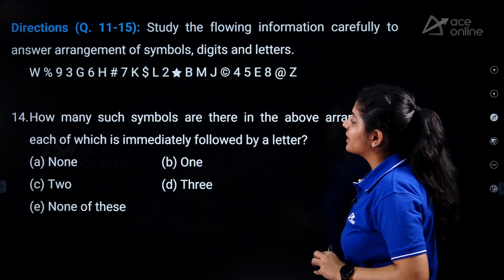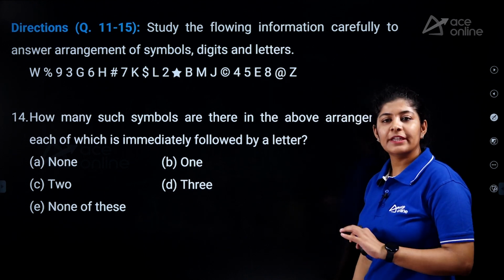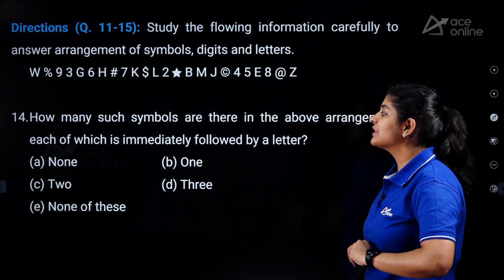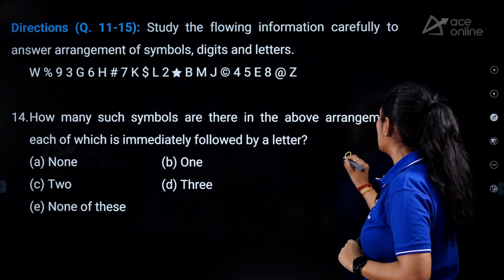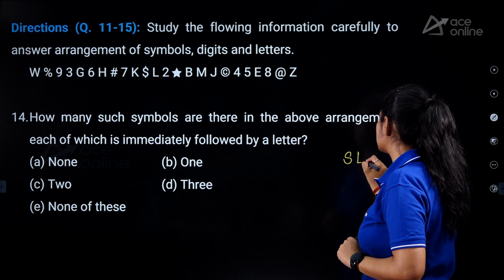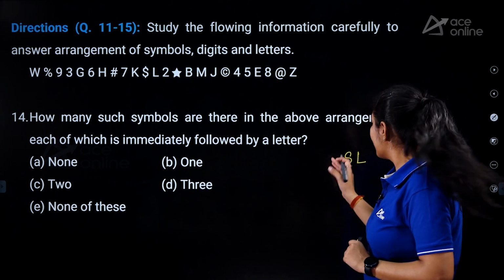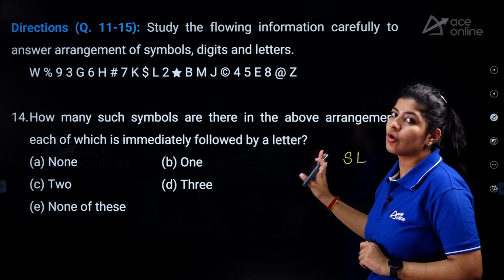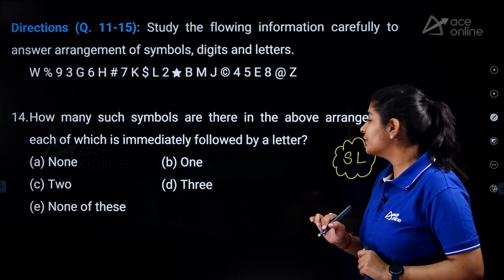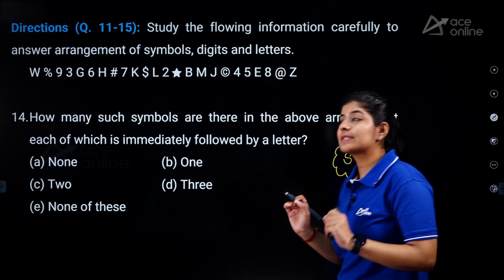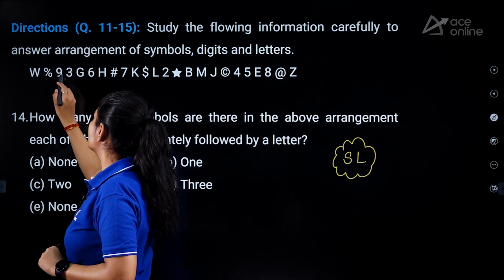How many such symbols are there in the above arrangement, each of which is immediately followed by a letter? Now we have to identify a symbol which is immediately followed by a letter, but the preceding character is not given, so we only have to focus on this category. So first, we will simply focus on the symbols. Symbol, do we have a letter?